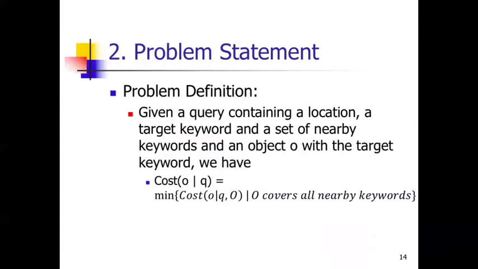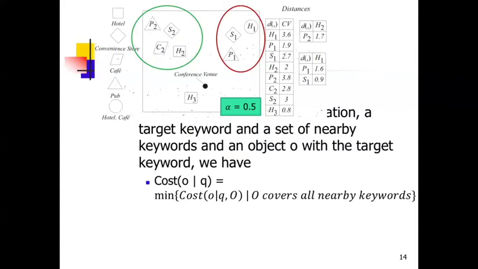Now let's present the cost of a given object containing a target keyword. Given a query containing a location, a target keyword, and a set of nearby keywords, and an object o with the target keyword, the cost of o given Q is equal to the minimum of the cost of o given Q and O, where O covers all nearby keywords.